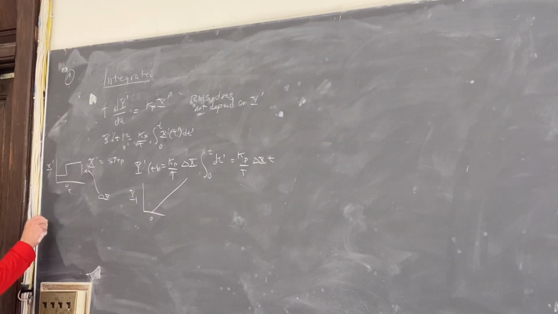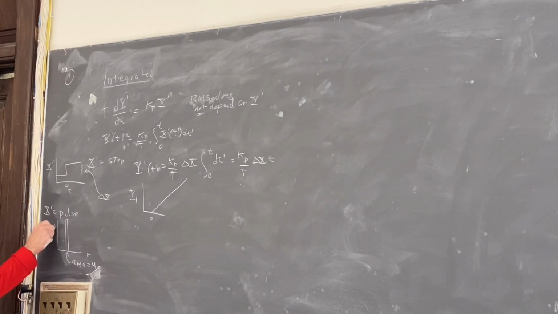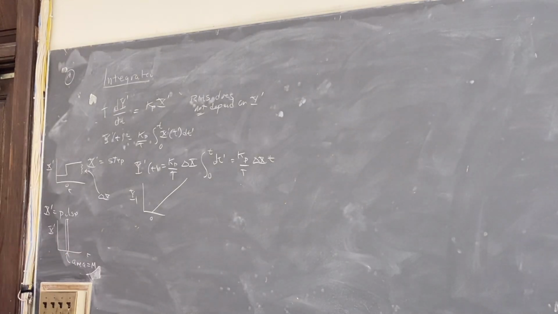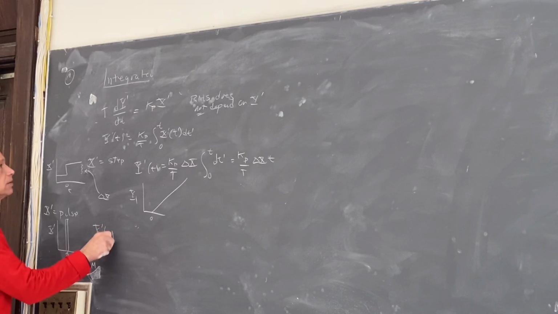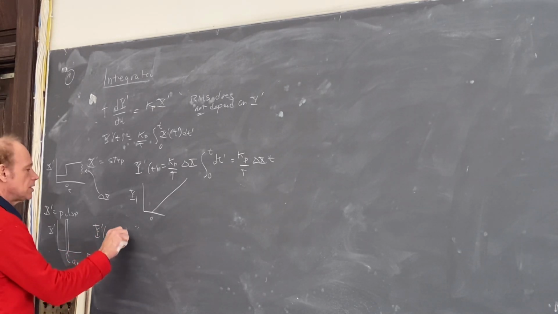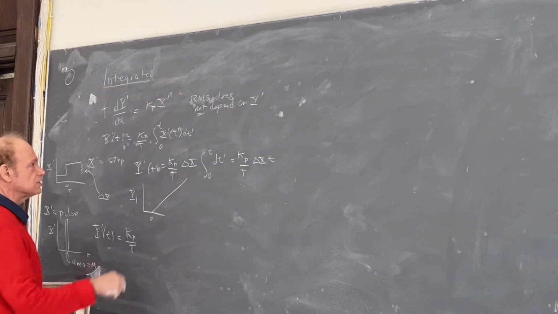If I have a pulse, if x prime is a pulse, the area is m, here's t, x prime. So we're 0 before, 0 after, and I just have a pulse. So then I have y prime of t is equal to kp over t times the integral of the pulse.